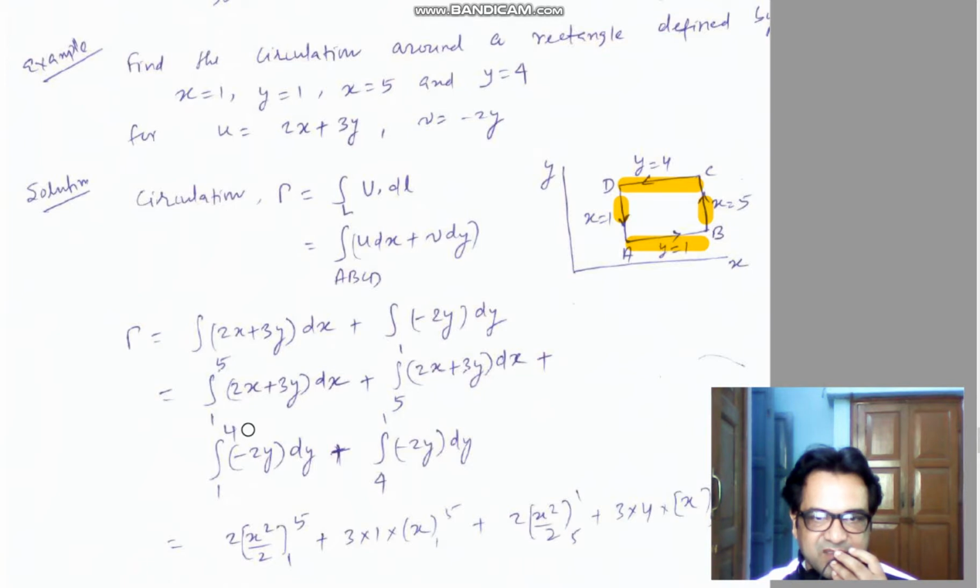But one thing you remember: when we are integrating from 1 to 5 for the line AB, this y equal to 1, and when you are integrating from 5 to 1, it is line CD, so this y equal to 4. So this y equal to 1, this y equal to 4.